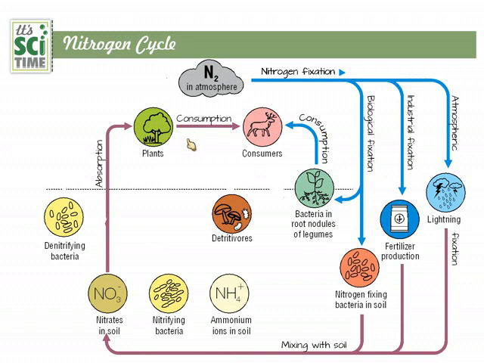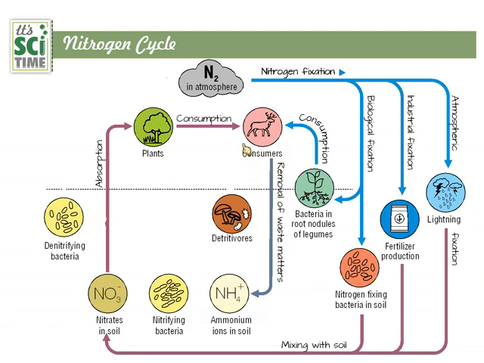Consumers, especially animals, release it through their waste matter. When they remove waste, it gets added to the soil as ammonia or ammonium ions. Especially animals remove urea, and through urea it comes as ammonium ions to the soil.